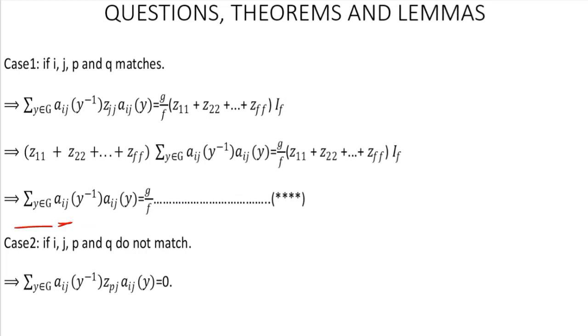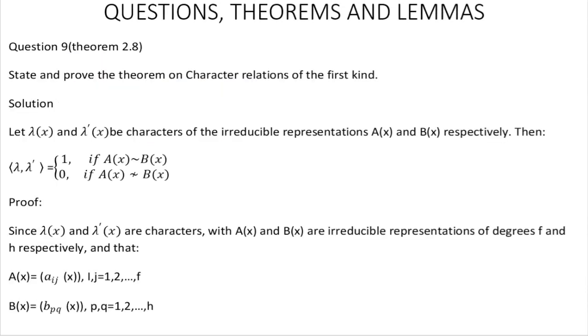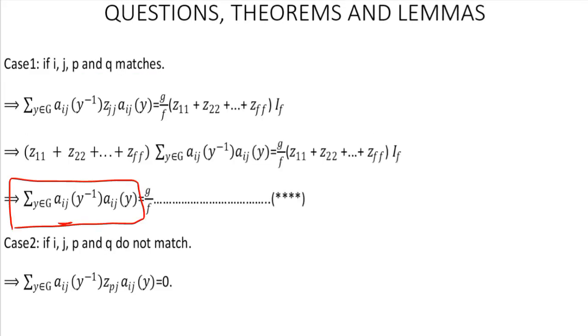For this case, we have seen that all I need to represent it is this G. So this G times the inner product, I can replace this entry here, which was our solution before.